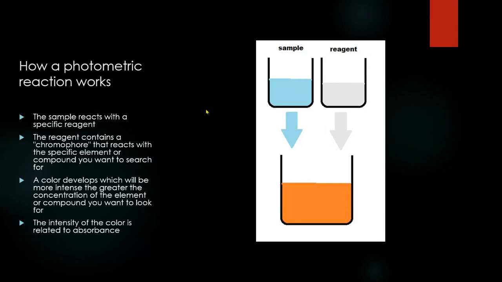You need a reagent that reacts with iron, and this reagent must cause a color development, and the color that develops will be more intense the greater the concentration of the element or compound you are looking for. So the greater the intensity of the color, the greater the concentration, usually.